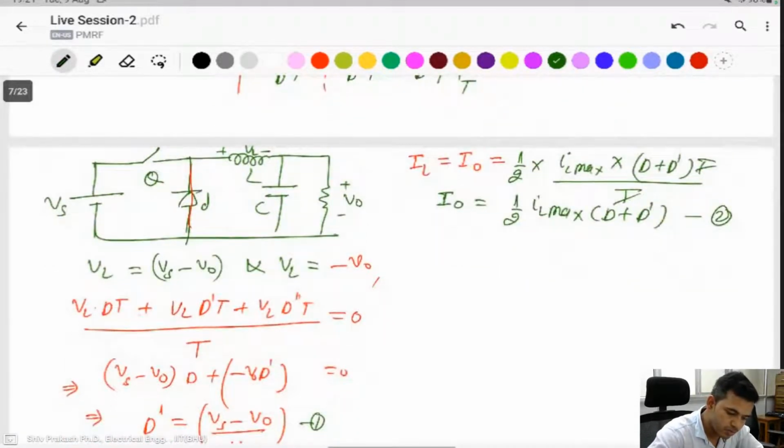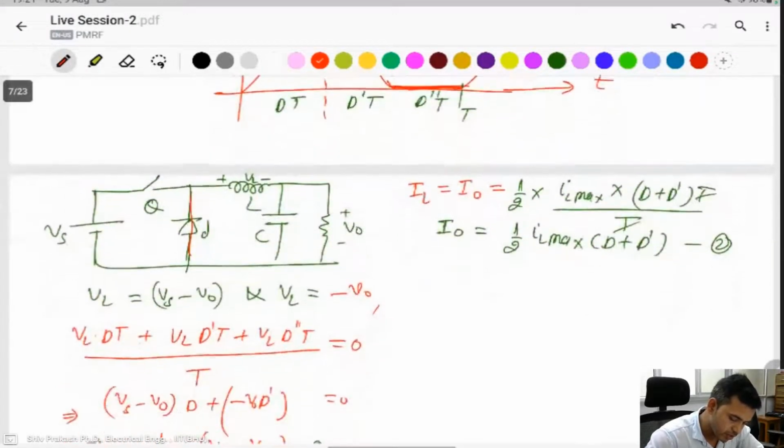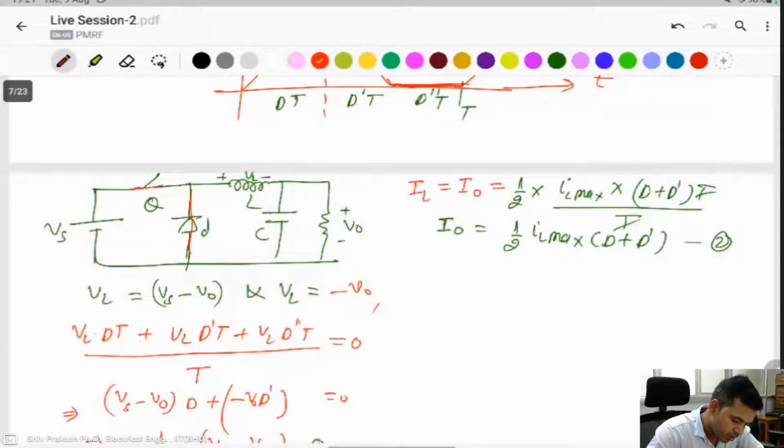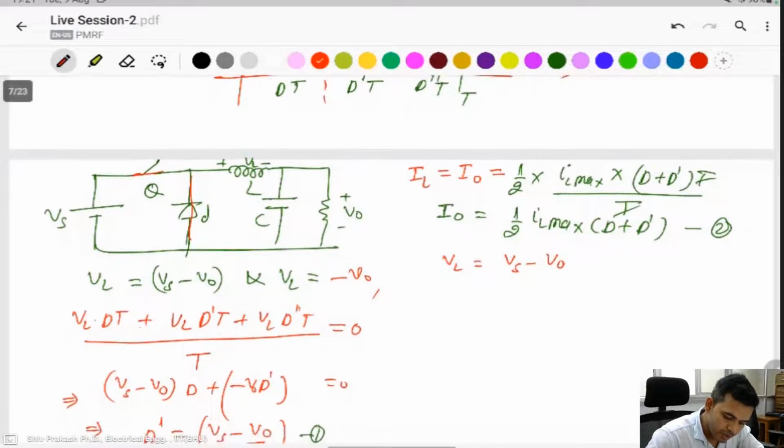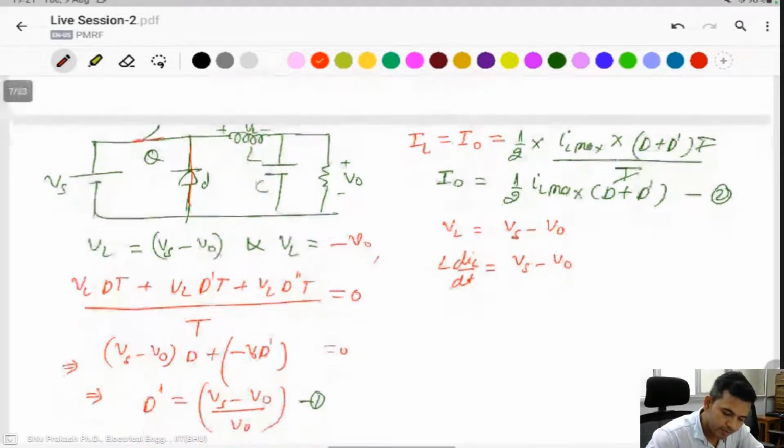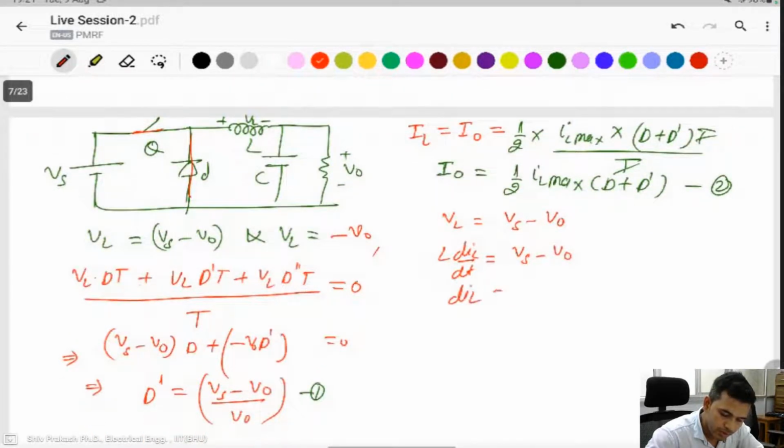You can also find here the IL peak. If you observe the first condition, when switch is on, the voltage across the inductor is Vs minus V naught. Then VL is written as L di upon dt, equal to Vs minus V naught. So di is (Vs minus V naught) divided by L into dt.